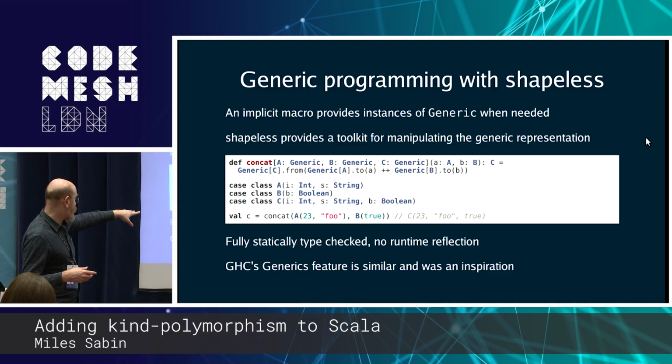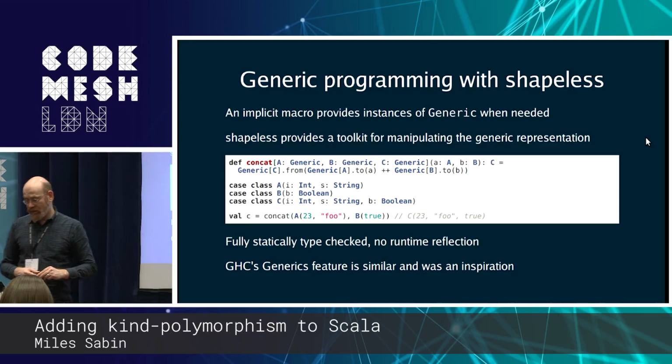Essentially we can, in a very general kind of way, stick two products together to create a larger product, and then inject that back into a different product type. This is the kind of thing you can do, and this is fully statically type checked. There's no runtime reflection involved in this.